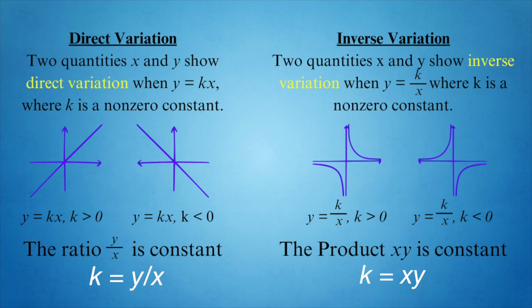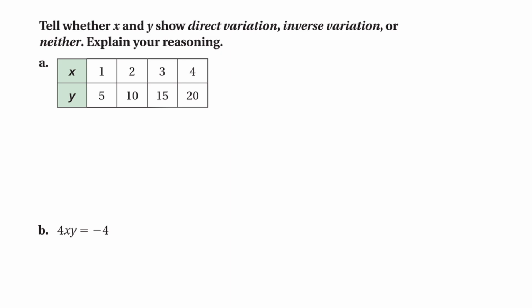So when we're looking at data, we're going to be looking at that constant of variation. How do we find k? That will tell us whether it's a direct variation or an inverse variation. So if we have a table of values and we want to decide which we have, remember that for a direct variation, k is equal to y divided by x.